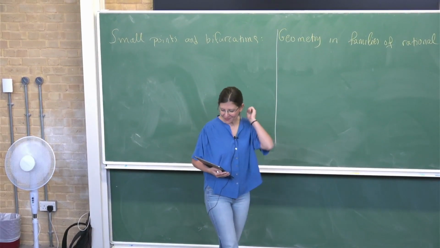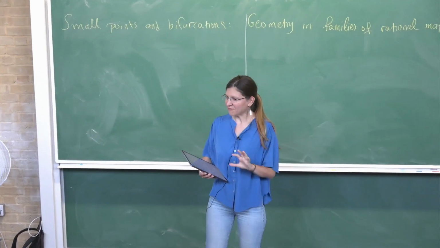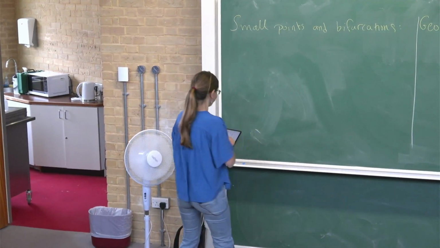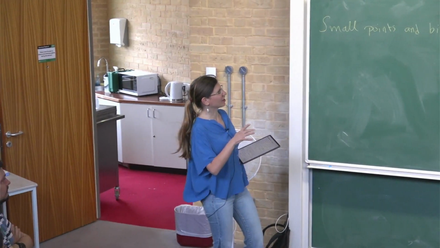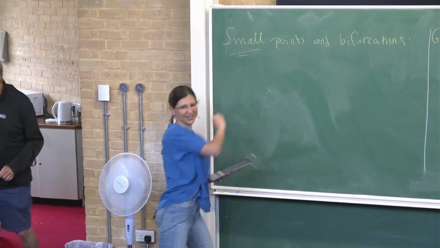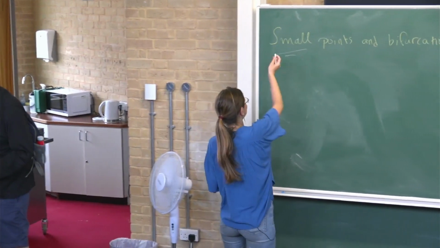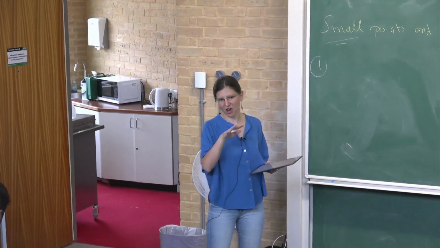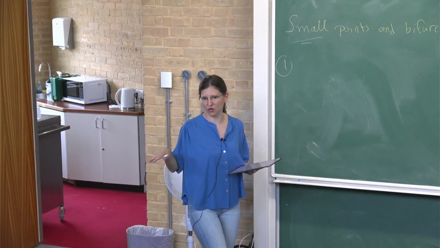And that for now, I will state informally, okay? And later make precise. So the first 2 questions actually do relate to the small points. And the first is from number theory, and it's about solving equations in roots of unity.